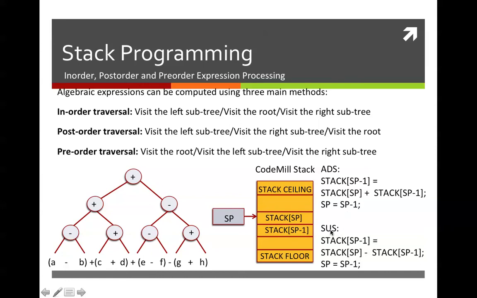Subtraction is the same, except we subtract instead of adding, and we decrement the stack pointer by 1. So the order of the subtraction is that the bottom element gets subtracted from the top element. And this is kind of important for our handling of post-order and pre-order traversals. It so happens that pre-order traversal actually matches this ordering of subtraction. We'll just see this in just a second.